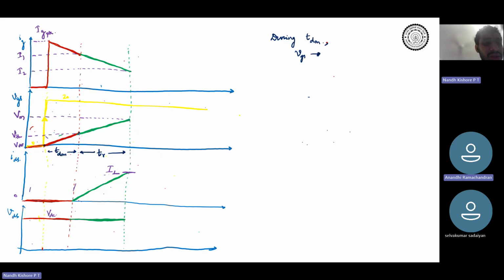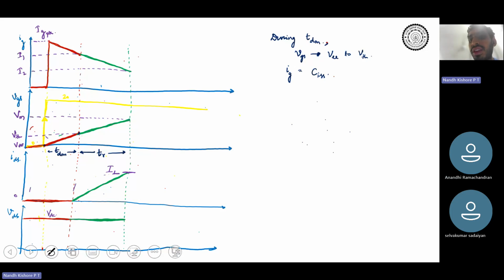VGS changes from zero, or rather from VEE, to threshold. Correct. So VEE to V threshold. Okay. So in that period, what is IG? IG is going to be CISS into dVGS by dt.